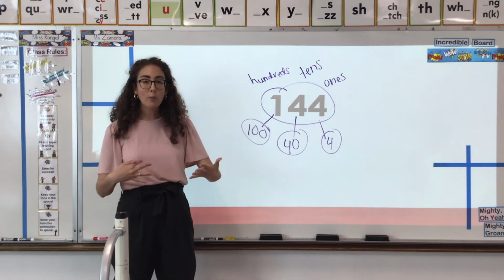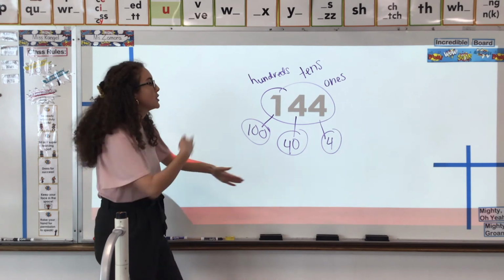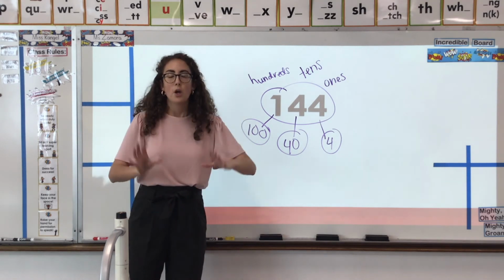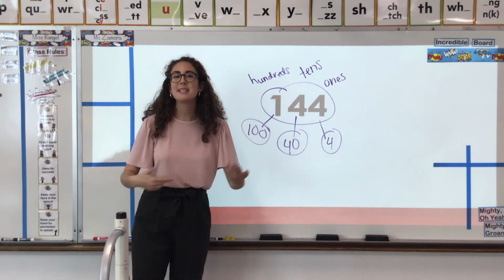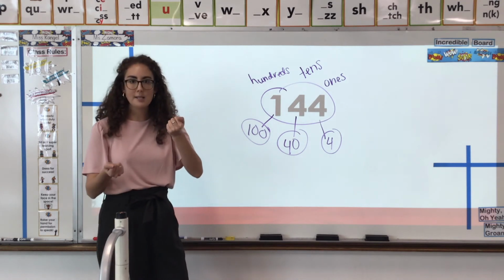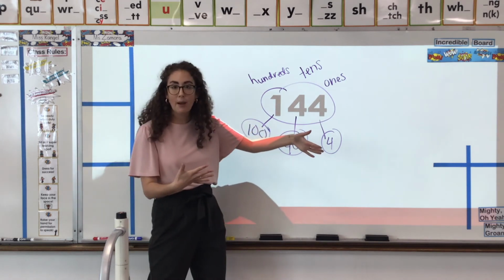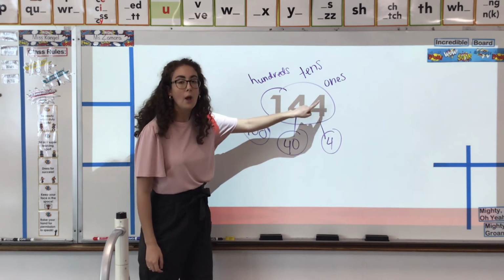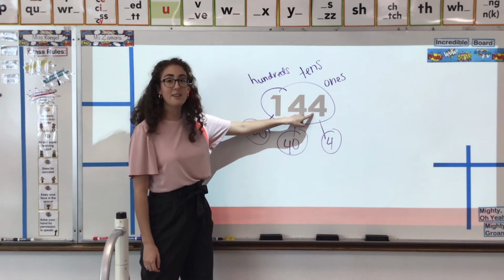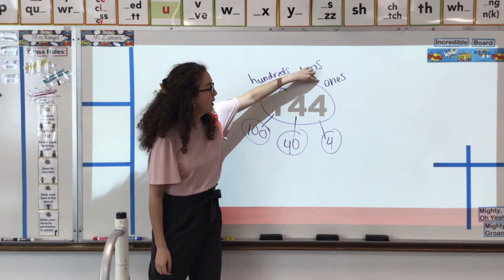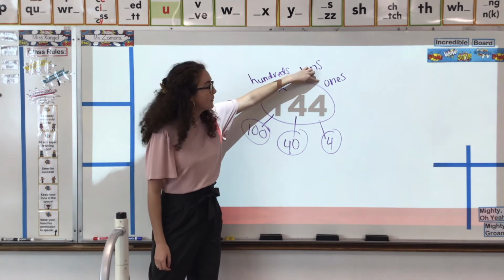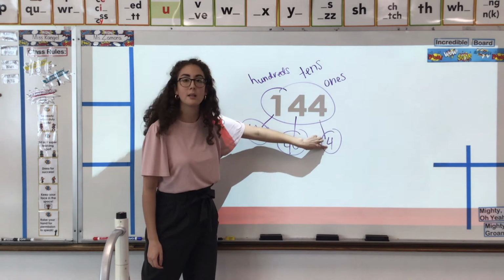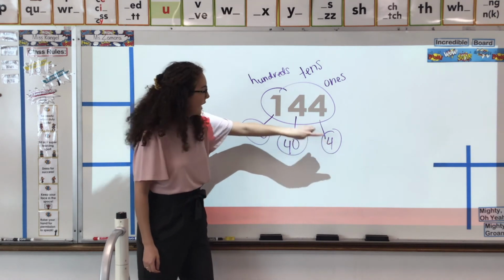So now I want you to practice with me describing the number. I'm going to help you with the words, and I want you to fill in when I pause. Okay, so we're going to talk about this number. The digit 4 is in the ones place, so the value is 4. Good job, keep going.